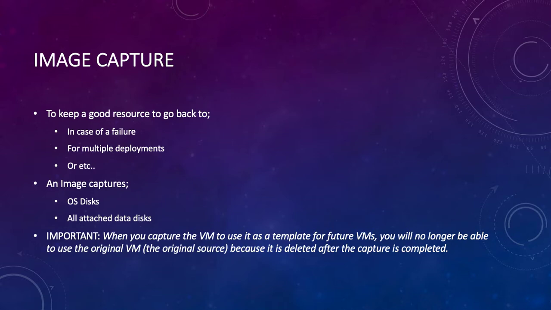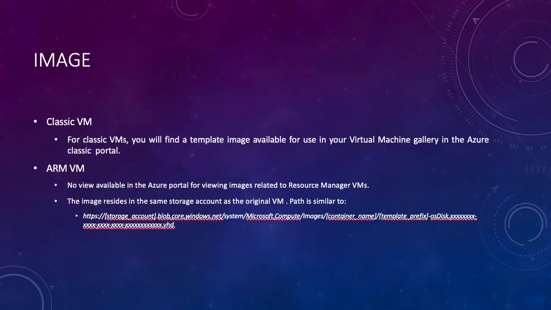Instead, you will need to look for the image in the same storage account as the original VM is residing at. So this address down here is how the path to your image is going to look when it comes to ARM virtual machines. It's most often like that. However, there may be a slight change, but using that path, you can go down and figure it out.